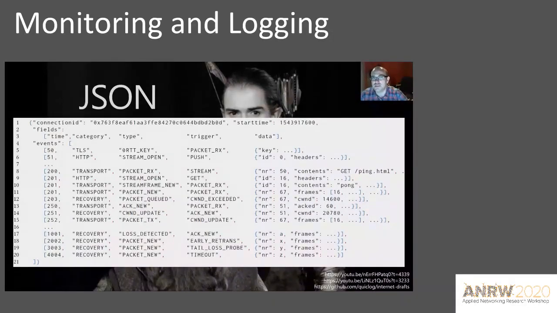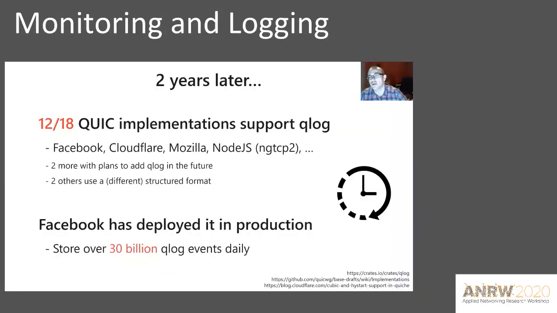And I'm so very happy I was proven wrong, because now, two years later, it turns out about two thirds of all QUIC implementations do actually output QLOG, with several more having plans to support the format over time. Facebook has even deployed this into production, and they report logging several billion QLOG events every day.